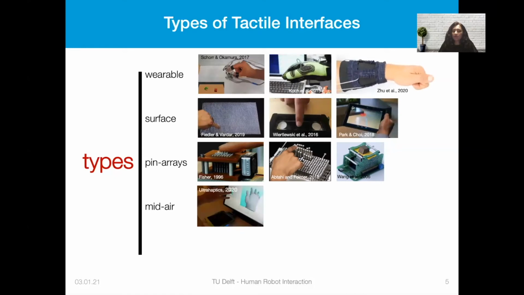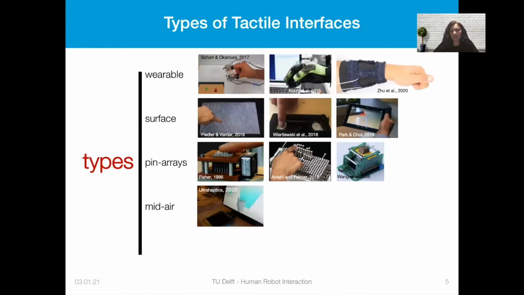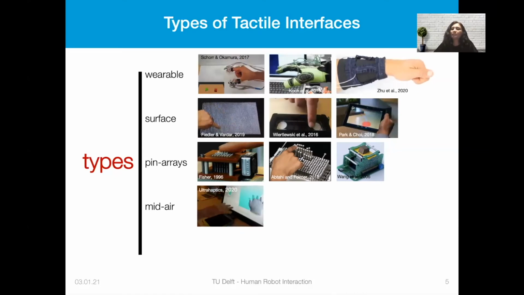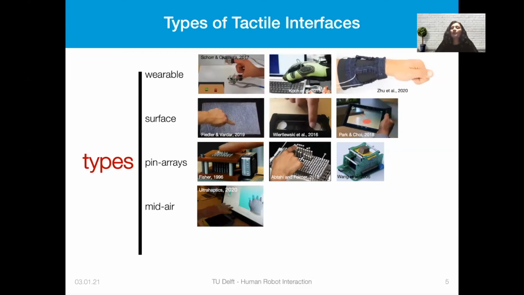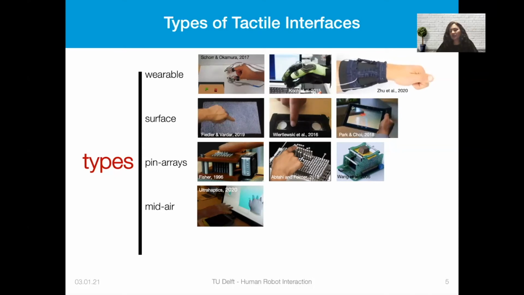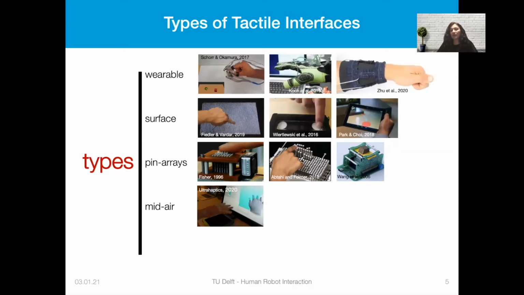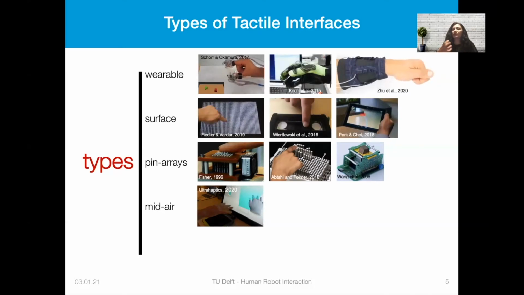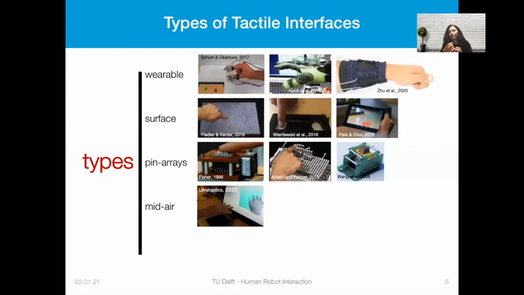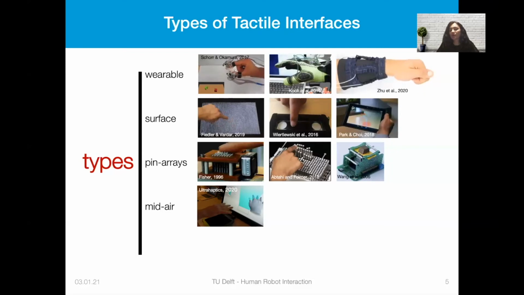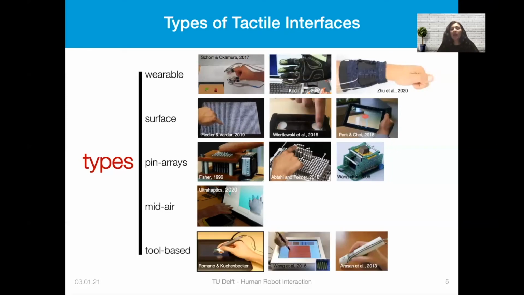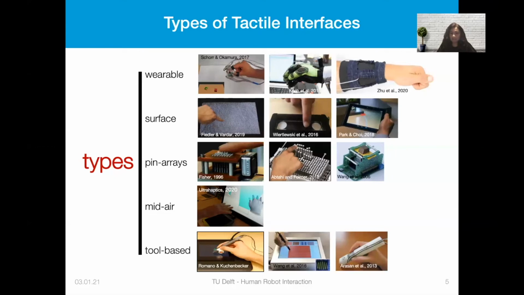The fourth type is the mid-air tactile interfaces. For these devices, users do not have direct contact with the interface, but their skin can be actuated via focused ultrasound waves. And depending on how you change this focus, you can deliver different kinds of sensations. And finally, there are tool-based tactile interfaces.